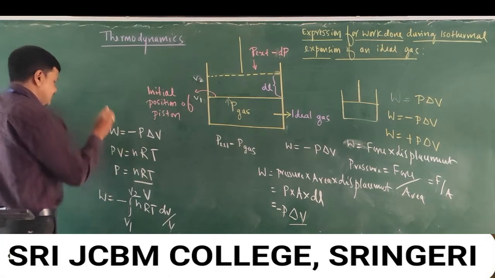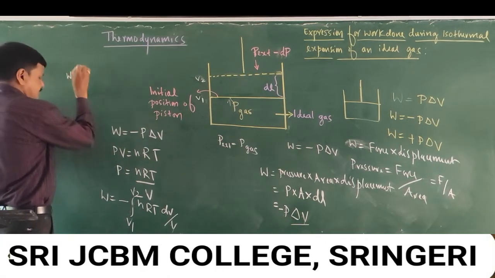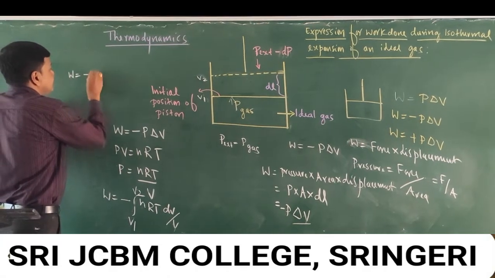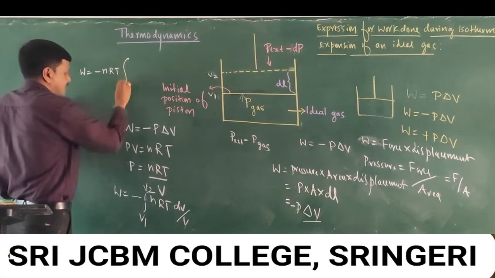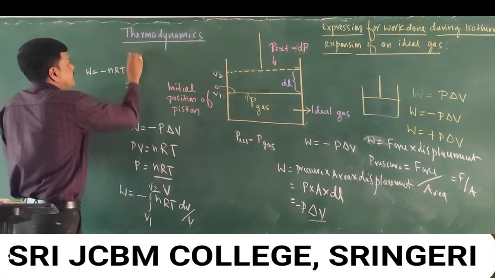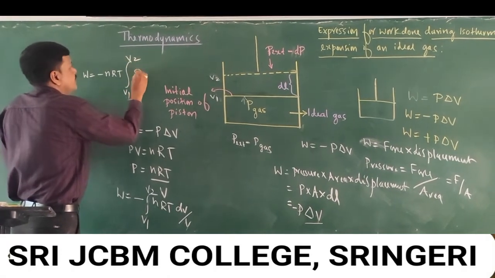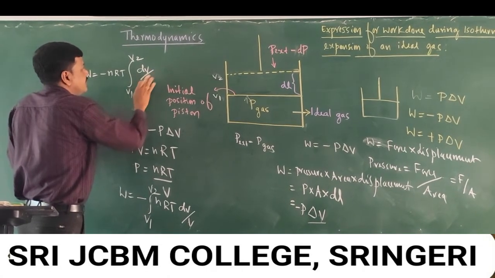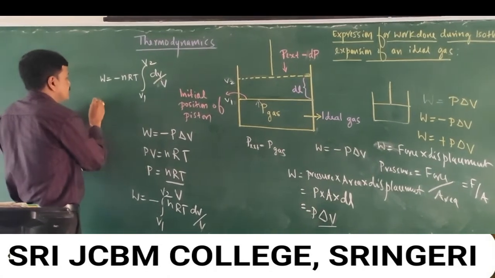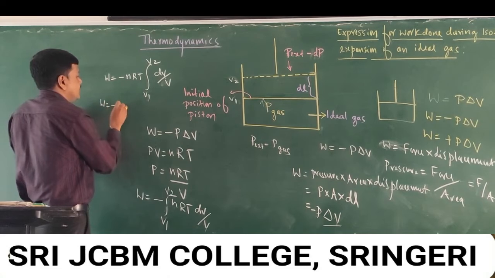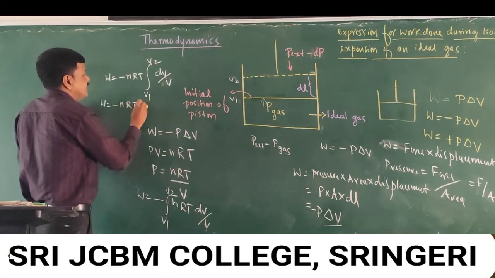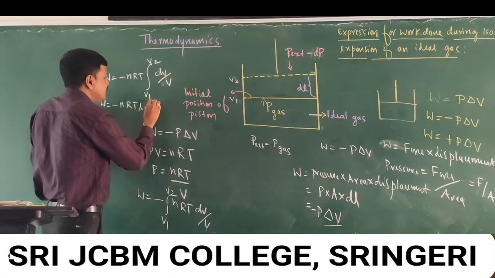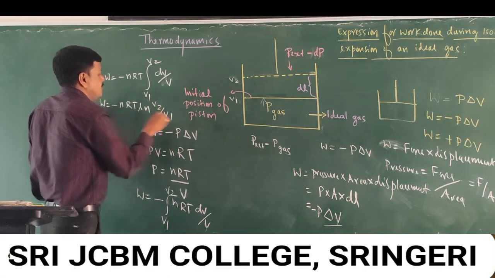Taking integration, W is equal to minus nRT integration between the limits V1 to V2 dV by V. So that is W is equal to minus nRT ln V2 by V1.